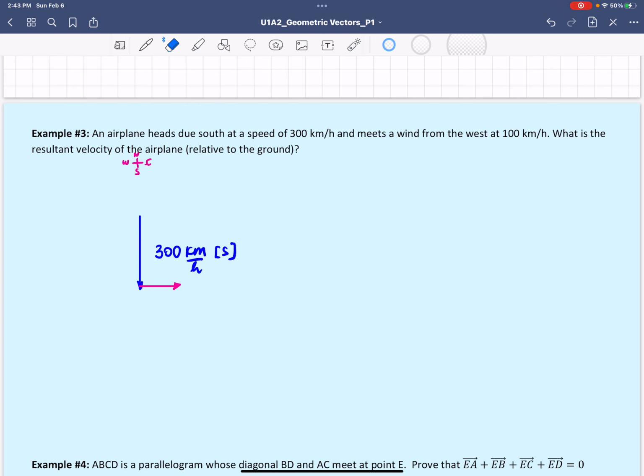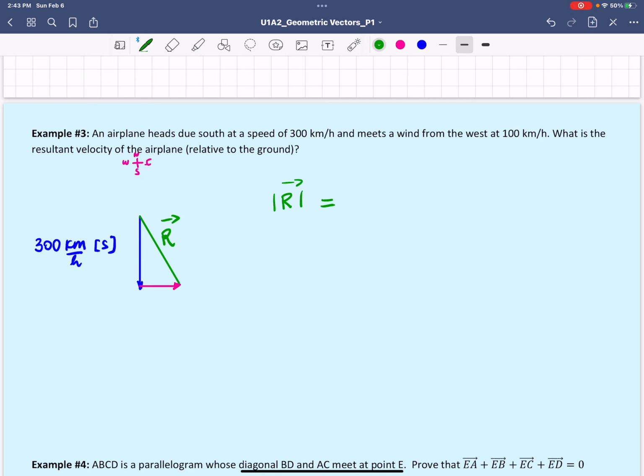So the velocity of the plane will be equal to the velocity of the plane itself combined with the velocity of the wind. According to the triangle rule or law here, this would be the sum, and this would be the resultant velocity of the plane. So we are trying to find the resultant velocity.